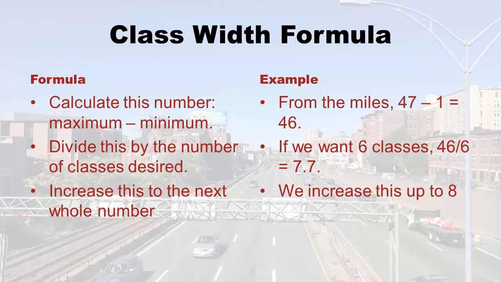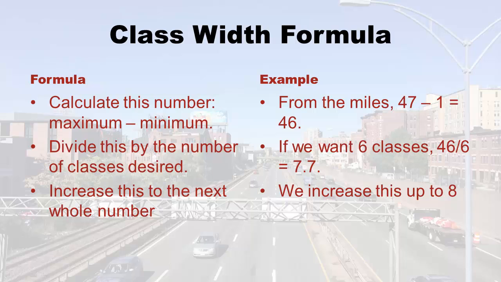The example I was giving from the fake data about the transports is 47 was the maximum and the minimum was 1, so I did the first step and got 46. Okay, looking back under the formula, you divide whatever you got there by the number of classes desired. In other words, however many categories you want, right? So if you never want too many, like you don't want 10 or something.